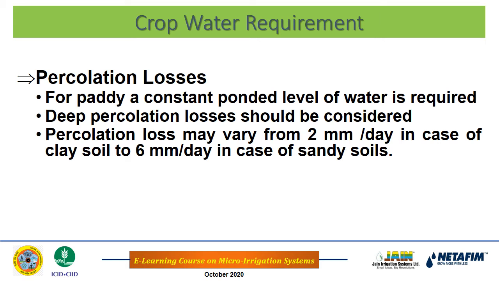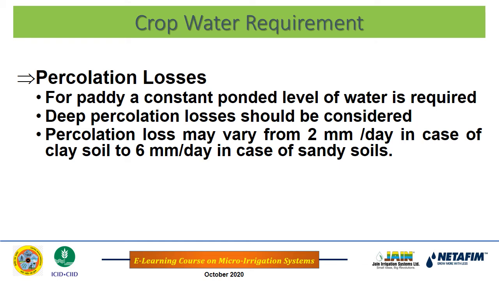Now in countries like India there is the paddy crop, which requires a constant ponded level, and which results in some deep percolation losses. That water is not being used by the crop and is simply getting deep percolated.